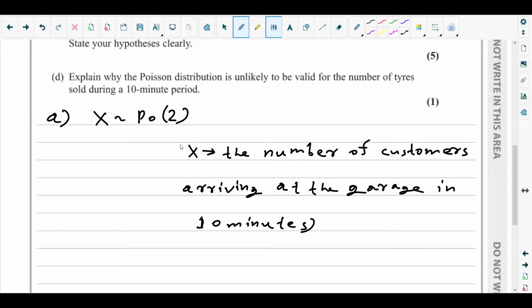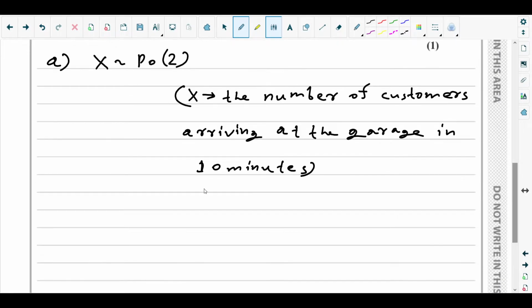This is the variable X. Now they wanted the probability of X. In part 1 they have asked for the probability of X fewer than 4. So X less than 4 can be written as, remember, this is discrete.